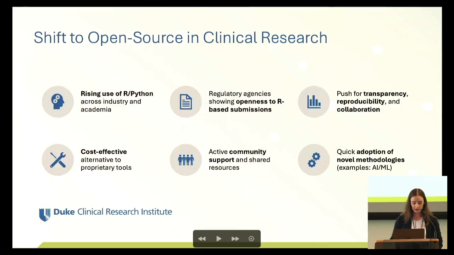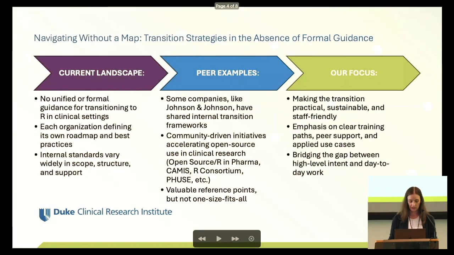There are a couple more reasons why we think it's beneficial. It's cost effective as an alternative to proprietary tools. There's very active community support and shared resources globally, not only locally, and adoption of novel methodologies is much faster, for example, for applications of AI and machine learning.